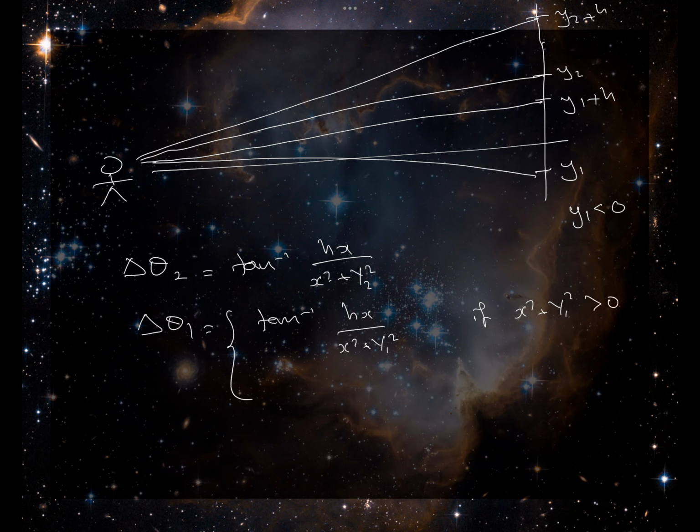or it's going to be equal to pi plus inverse tan of hx over x squared plus y1 squared if x squared plus y1 squared is less than 0.